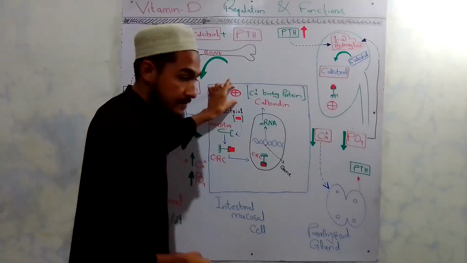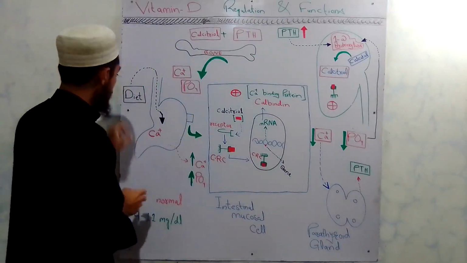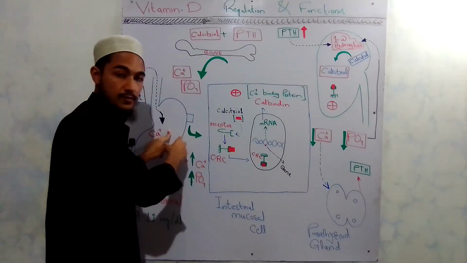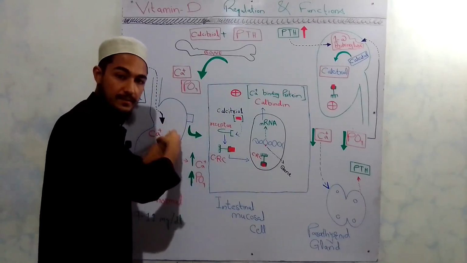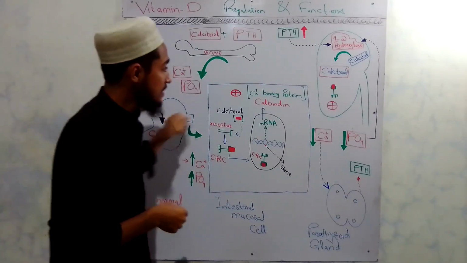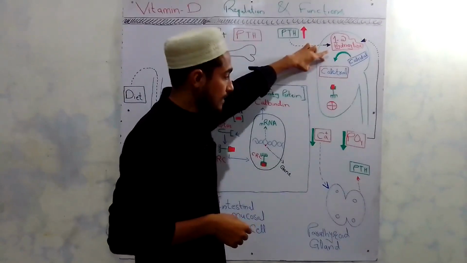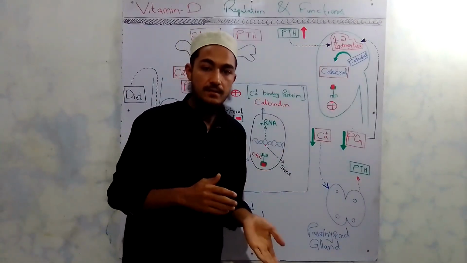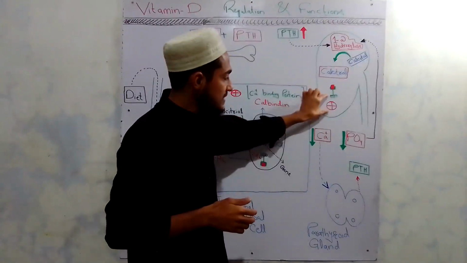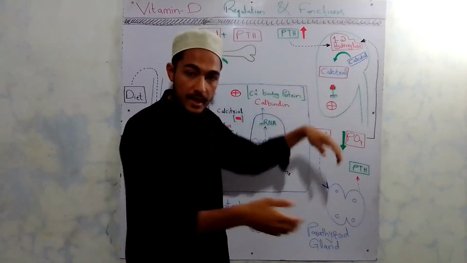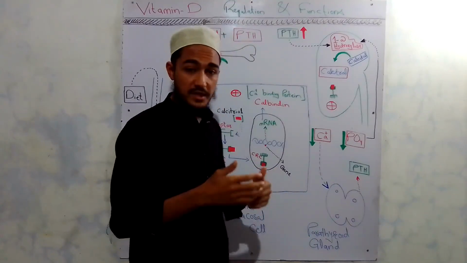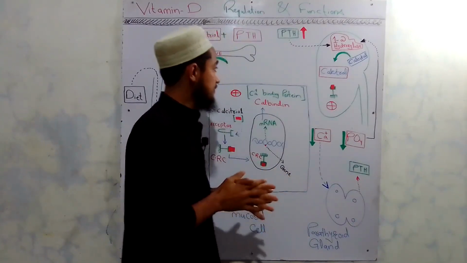Then this calbindin in the intestinal mucosal cells, when we eat food containing calcium, will bind with that calcium and help in the absorption of calcium from the intestinal mucosal walls. In the kidneys, calcium is eliminated in the urine, and also phosphate is eliminated in the urine. So this calbindin will bind with the calcium and reabsorb it from the distal convoluted tubules of the nephrons. So the elimination of calcium in the urine will be stopped.